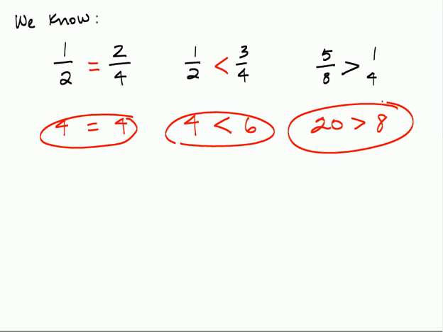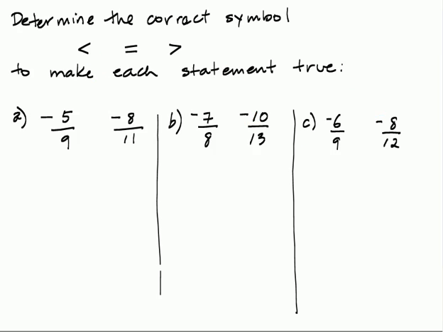Okay, so now that we've seen how that works, we can use that to decide if two fractions are equal, if the one on the left is less than, or if the one on the left is greater than the one on the right. So just 3 examples here. We're going to determine which of these 3 symbols to put between these 3 groups of 2 fractions.